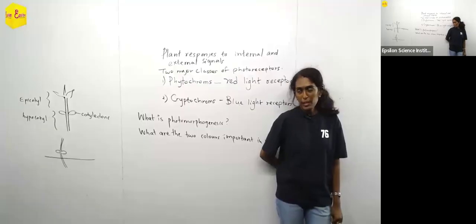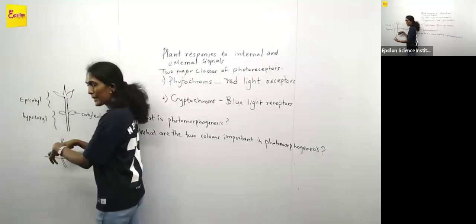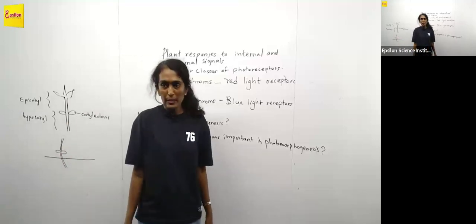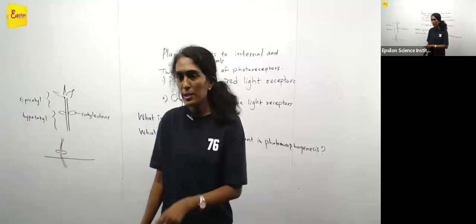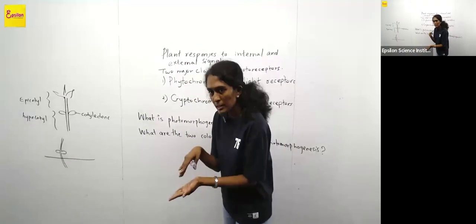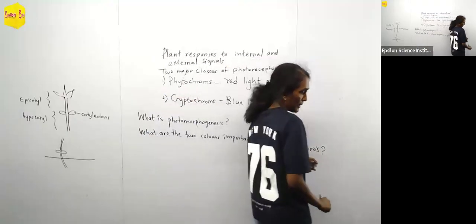Another way: if you open the soil and allow the light to penetrate, the seeds will germinate faster. When they get red light, they will germinate. When they are hidden, they will not come out as fast. Can you understand that one? All right.